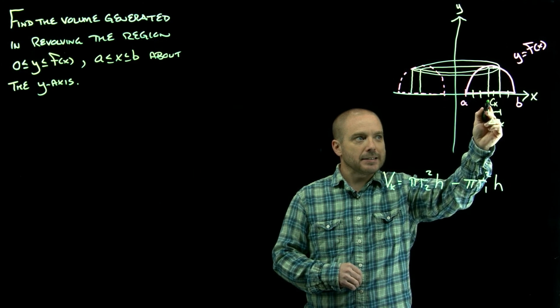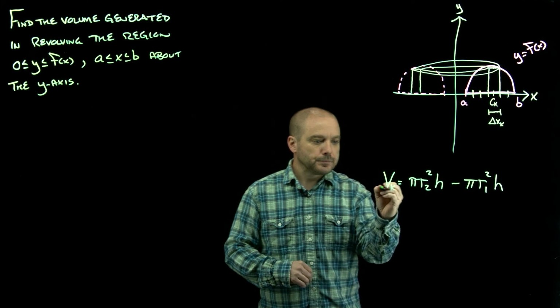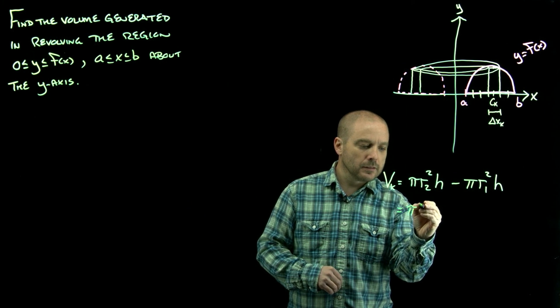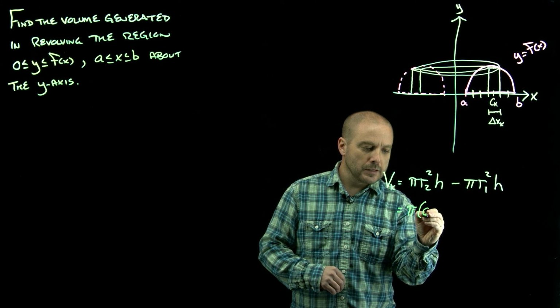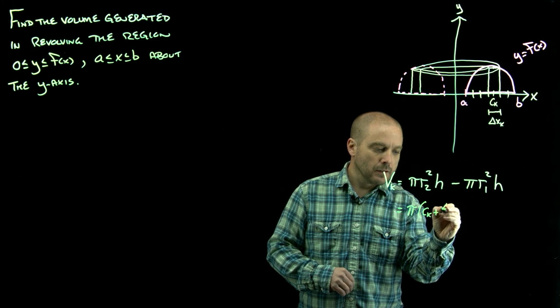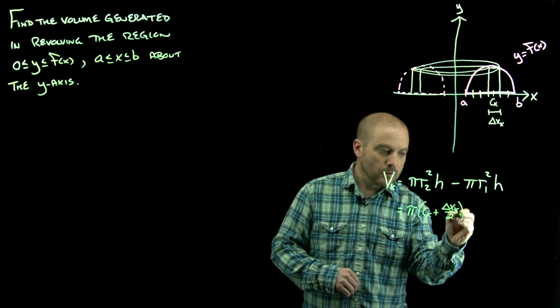So I'm taking that c sub k to be right in the middle. So the bigger radius would be our c sub k plus delta x sub k over 2, squared.